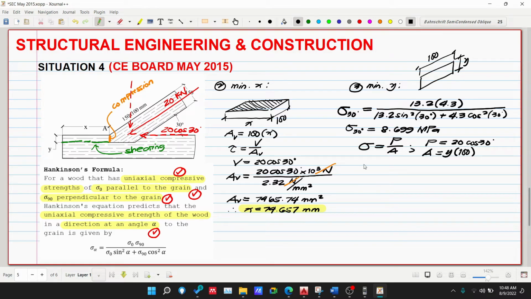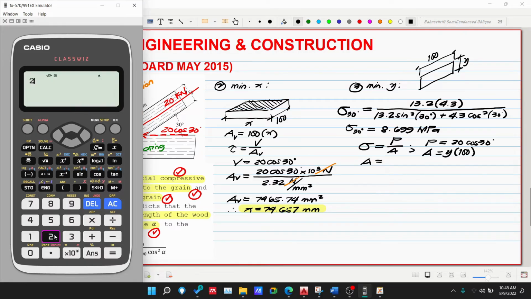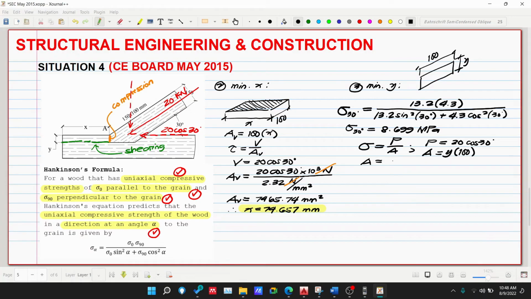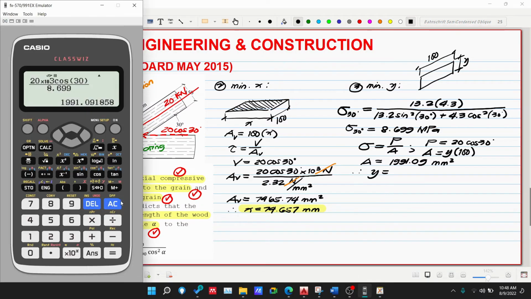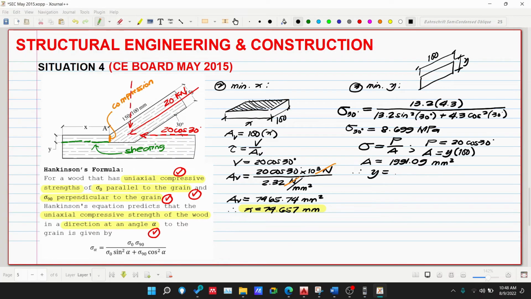Okay, so makukuha na natin yung A. Ang A natin is equivalent to P na 20 multiplied by 10 raised to 3 cosine of 30 over the stress na 8.699. So this is 1991.09 millimeter squared. So therefore, ang ating Y is equivalent to, divide lang natin ng 100, so 19.911 millimeters.